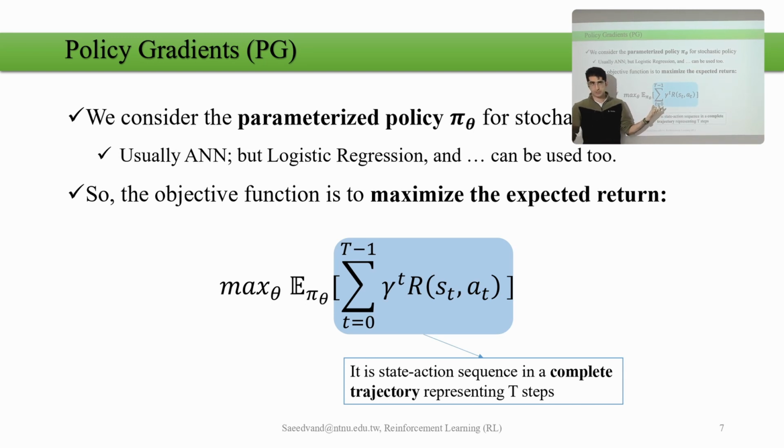Trajectory means a whole episode of one environment. We generate from time 0 to time t-1 a trajectory, for example, a robot moves in the environment. Then we gain some rewards. And our objective in policy gradient is to maximize the theta parameters by maximizing this.